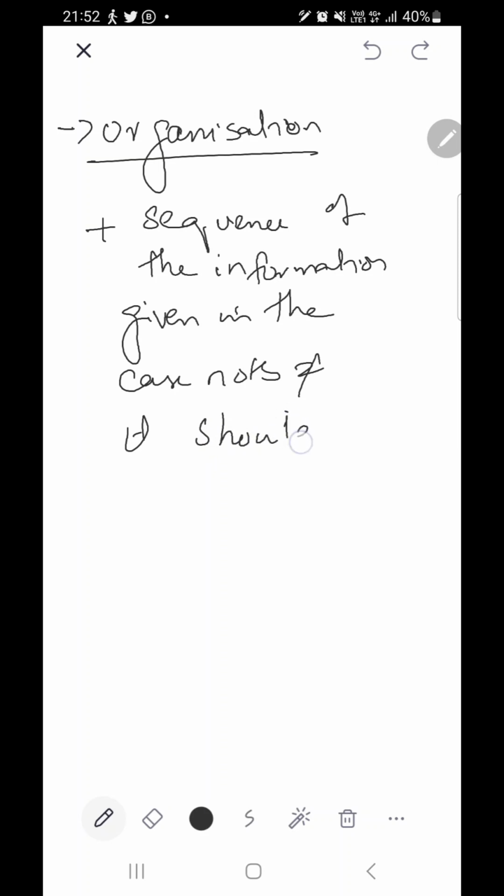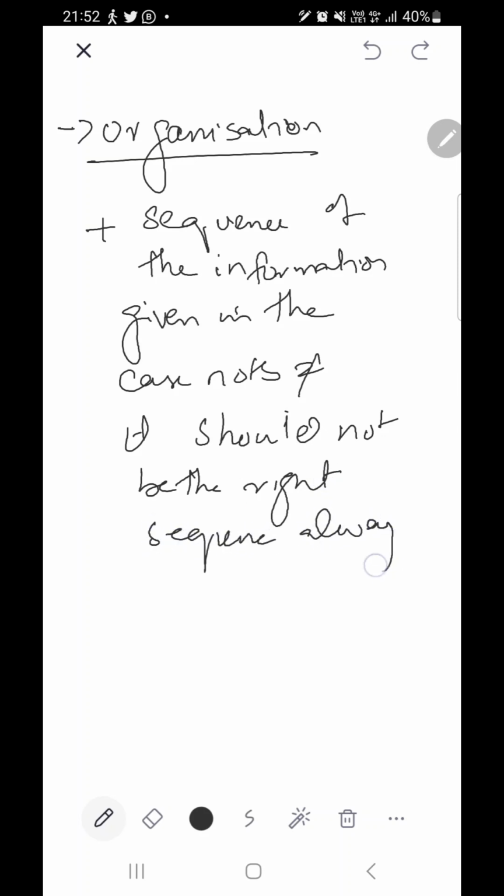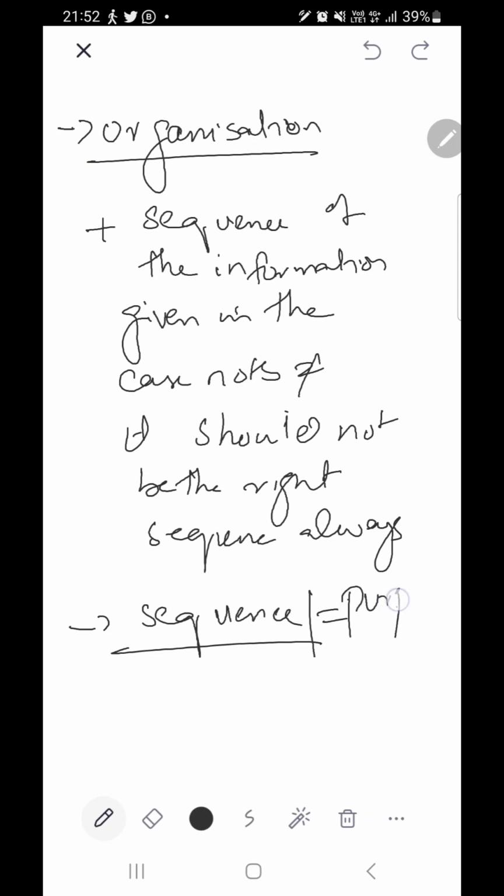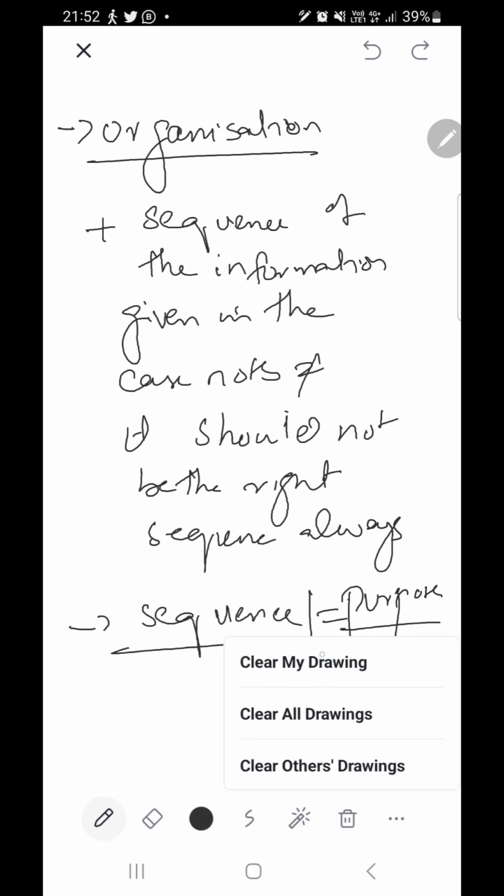So you have to sequence according to the information in the notes, or the sequence should be according to purpose, right? So this is the organization that depends on task to task. Accordingly, you'll organize them.